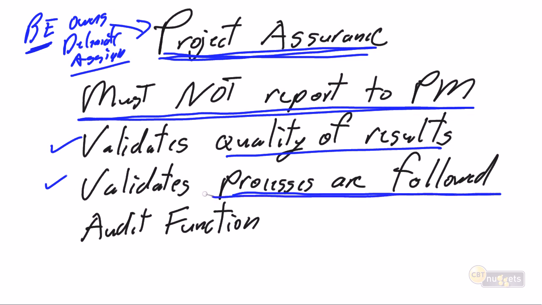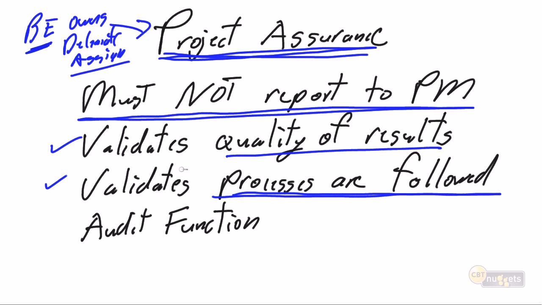And I'm not going to say a lot more about project assurance in this particular nugget, because the next nugget in the series is all about the quality theme in Prince2, and quality and project assurance are synonymous. So therefore, we're going to really dig into the details of what project assurance is in our next nugget.